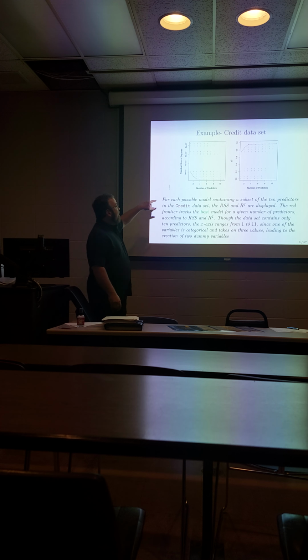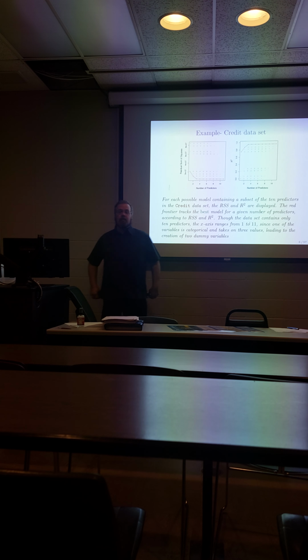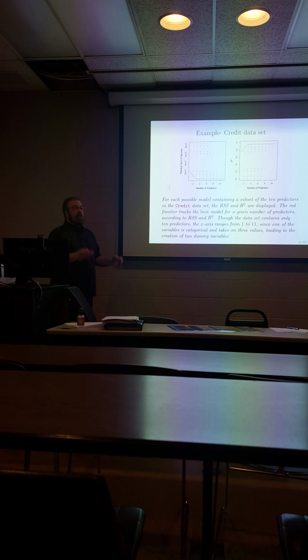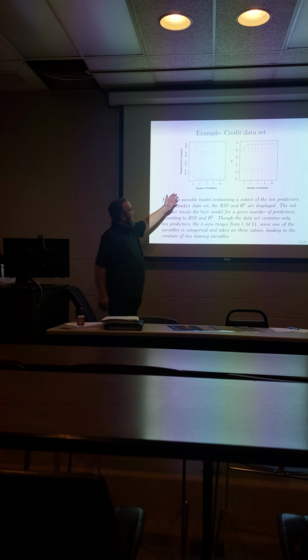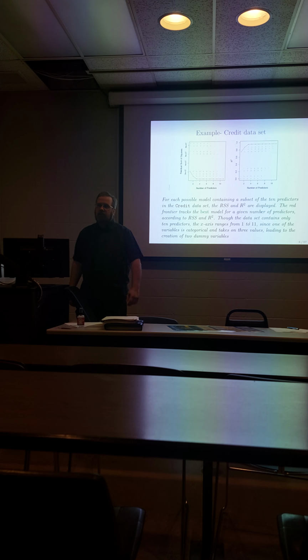The reason this number isn't actually higher with respect to the residual sum of squares is that the first predictor contains a lot of the information necessary to make a good quality decision about whether or not someone's going to default. The next two or three are going to rapidly maximize the degree to which adding additional features is productive.